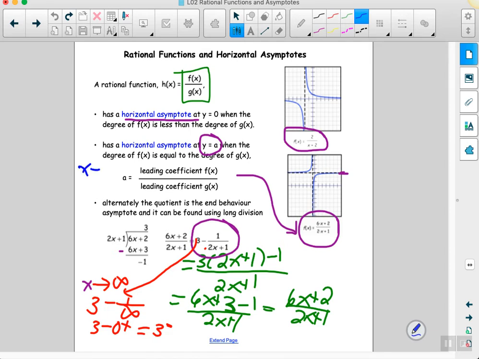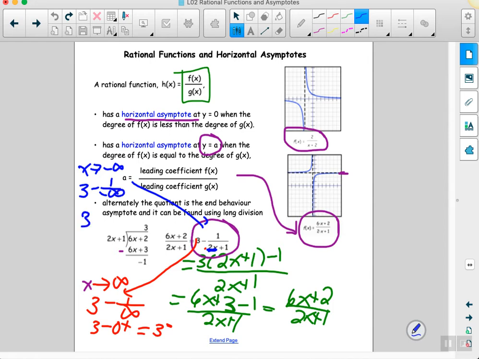As x goes to negative infinity, we're plugging into this one right over here. This is 3 minus 1 over negative infinity, because when you plug negative infinity in there, 2 times negative infinity plus 1 is going to be negative infinity.